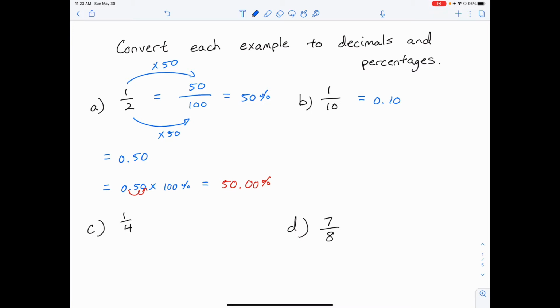Again, if you want to do this without a calculator, then you have to think about, okay, if I go from 1 over 10 to something over 100, so I can set that up like this, something over 100. Think about, okay, from 10 to 100, what do you need to multiply by? And you do the same thing to the top. So again, from 10 to 100, we know 10 times 10 would give us 100. So we do the same thing to the top. 1 times 10 gives me 10. Out of 100, it's 10, so therefore this must be 10%.